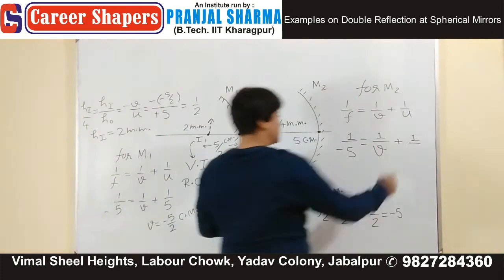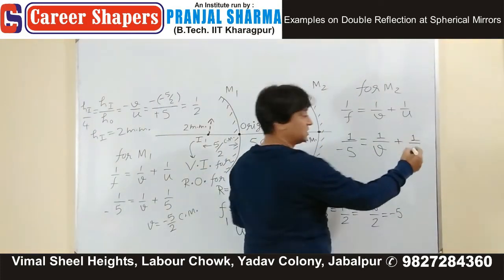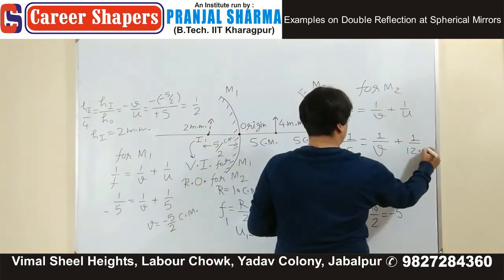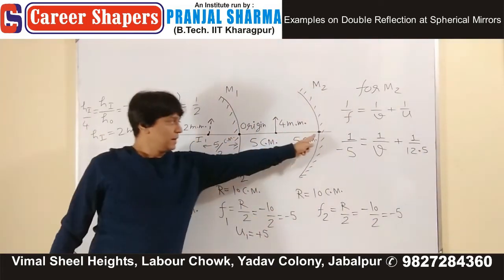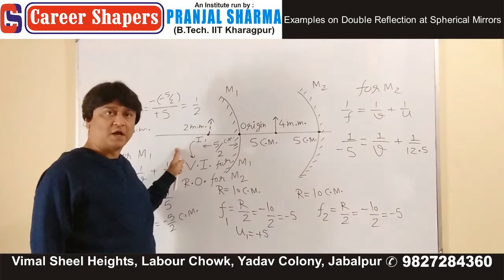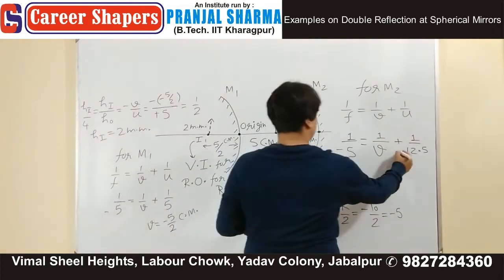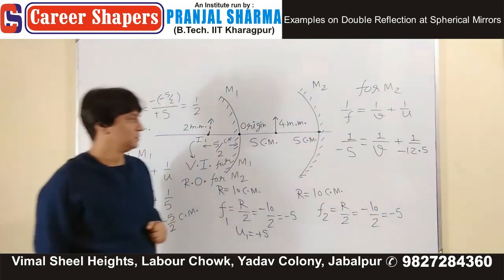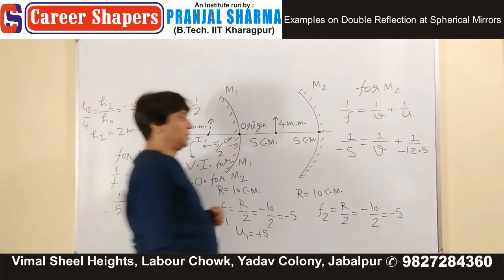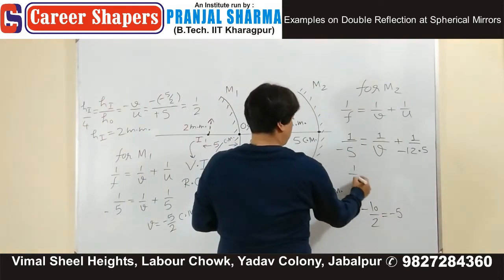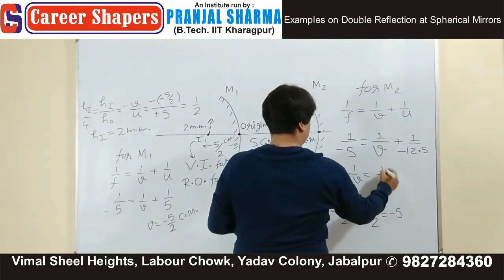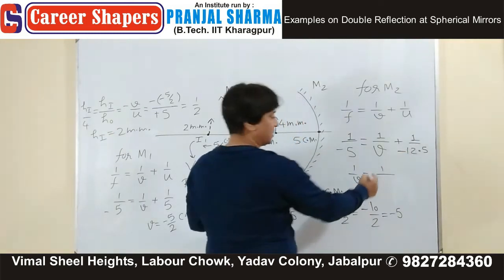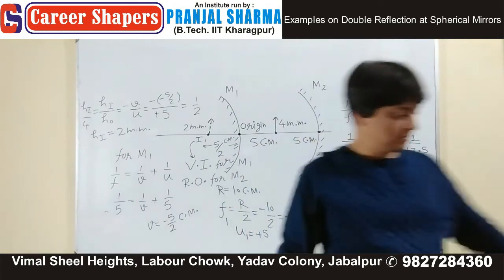So this distance is coming 10 plus 5 by 2, 12.5, on the left side, so minus. 1 upon V is coming 1 upon this 12.5, you can write as 2 upon 25.